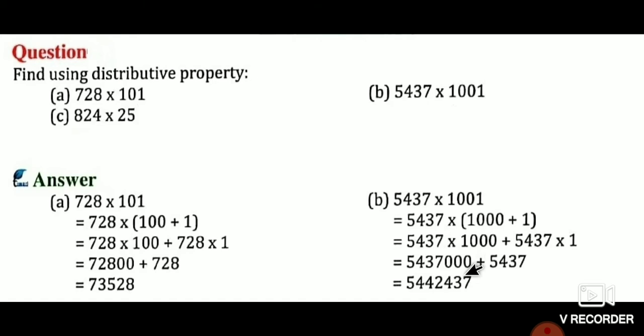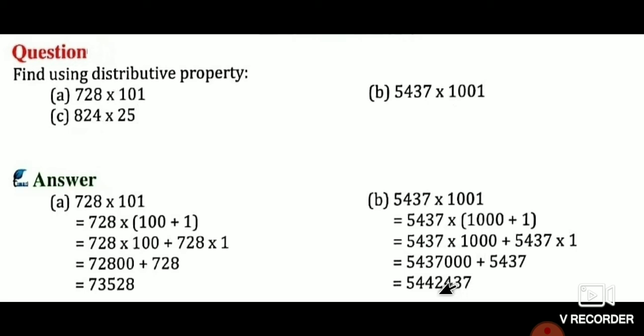In the ones place, 0 and 7 are there. Therefore 0 plus 7 is equal to 7. So write 7 as it is. Then in the tens place, 0 plus 3, so write 3 as it is. Then 0 plus 4 is again 4.